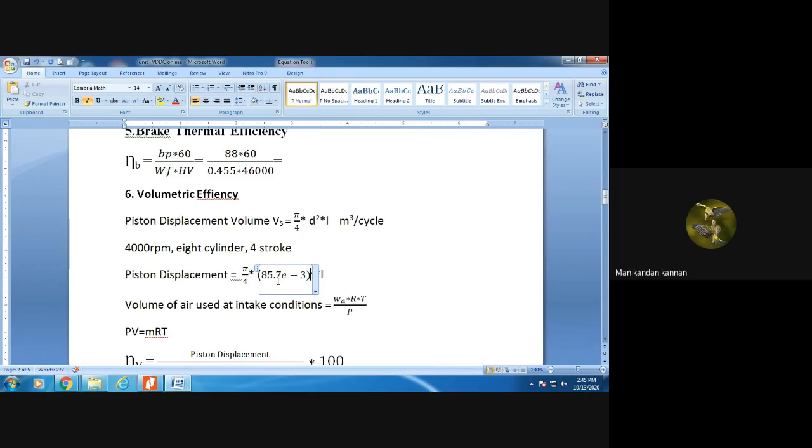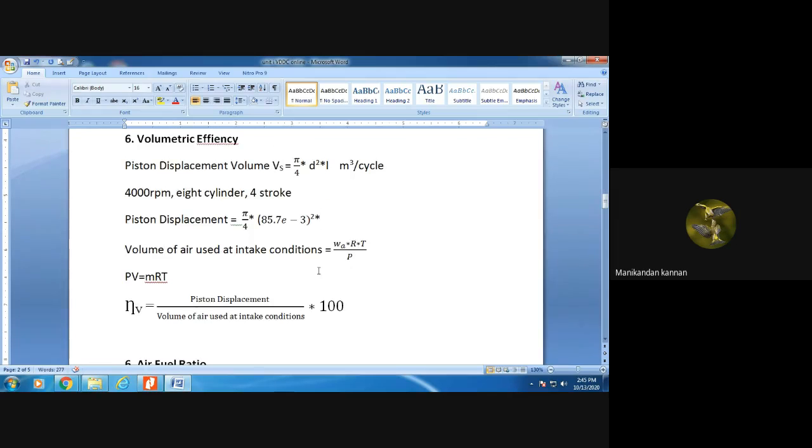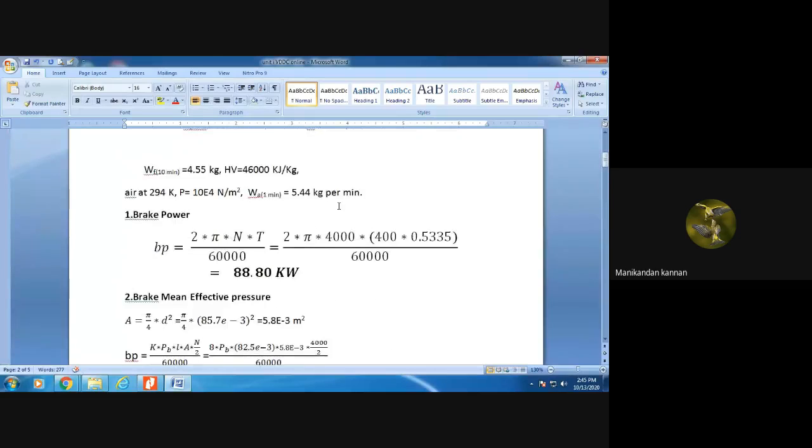Now it is 85.7 into 10 power minus 3, whole squared, pi by 4 d squared area formula. Then multiply by L, you will get the piston displacement volume. L is nothing but stroke.